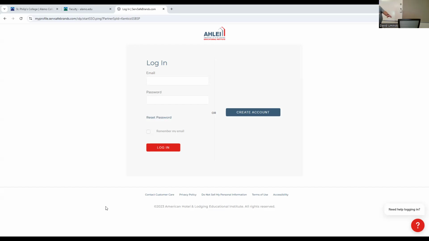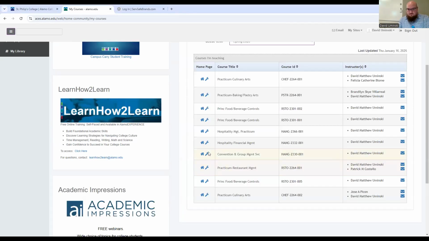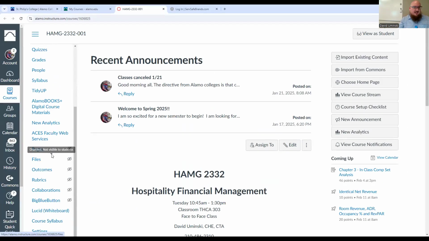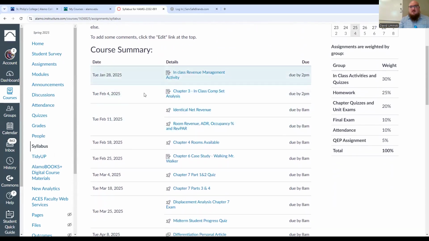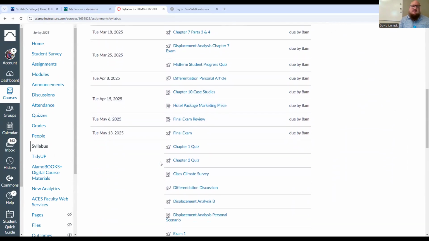The other thing that you can look at is in Canvas. In Canvas, if you also look at the syllabus right here in the main menu, it will also give you all of the due dates for different assignments.